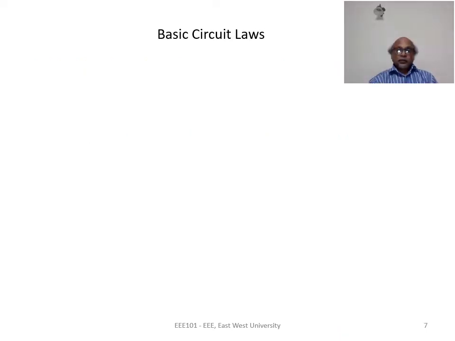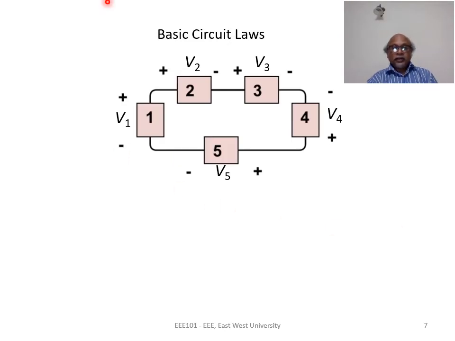Okay. Now we consider a circuit with a loop. There is only one loop here. The circuit contains 5 elements, 1 through 5. We have assigned a voltage with each circuit element with arbitrary reference polarity: V1, V2, V3, V4, V5.